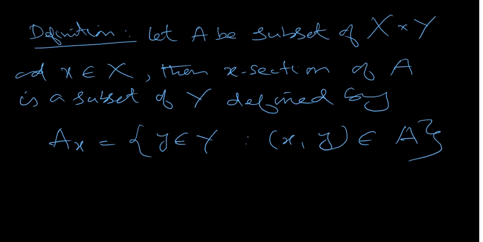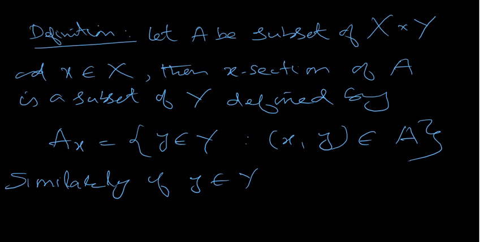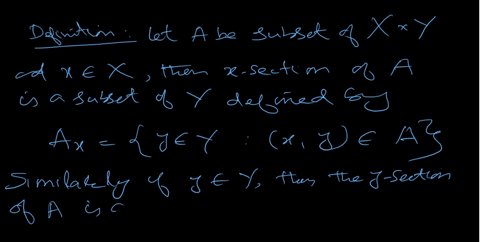Similarly, we define the y section. If y belongs to Y, then the y section of A is a subset of X, defined by A^y. That's the notation for the y section.